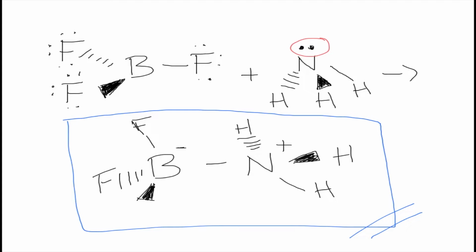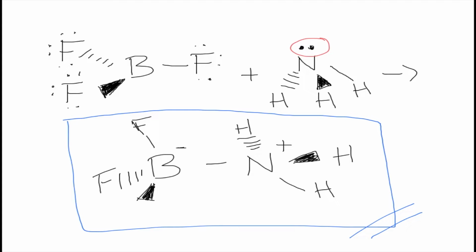Then two here. But because we know that the product of this is this, we know that both of these reactants are going to merge to form the one product. So it is safe to assume that the electron pair in the nitrogen is going to be our start point, and we're going to end in the boron.